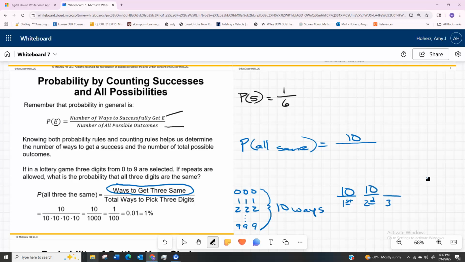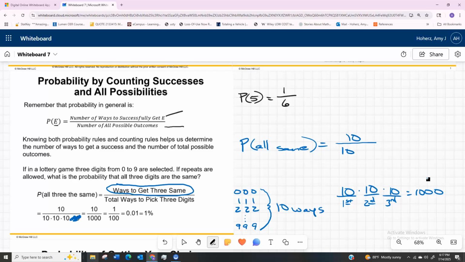And the third digit has 10 ways to be selected, because remember we can repeat, so these don't go down. It's just 10 possibilities each time. Then we're going to have 1,000 ways to select 3 digits. Let me cross out the extra 10 on this slide. So 10 times 10 times 10 is 1,000.